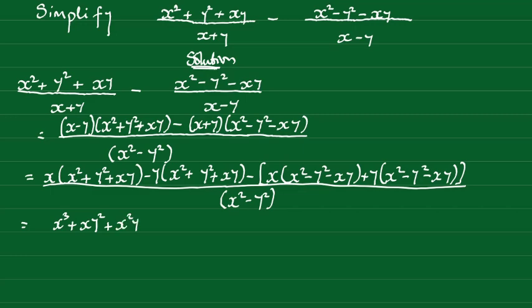Now minus y times x squared, we have minus x squared y. Minus y times plus y squared gives us minus y cubed. Then we have minus y times plus xy, this gives us minus xy squared.